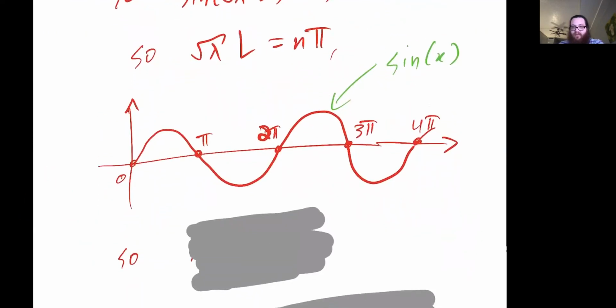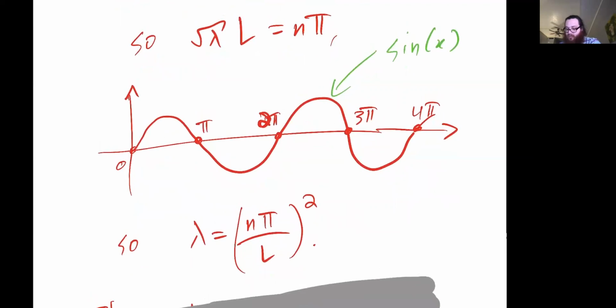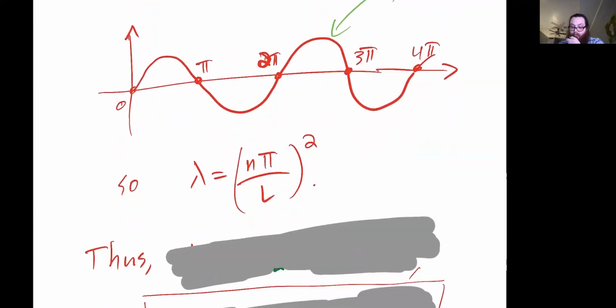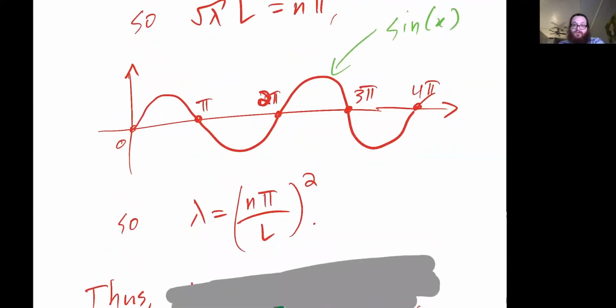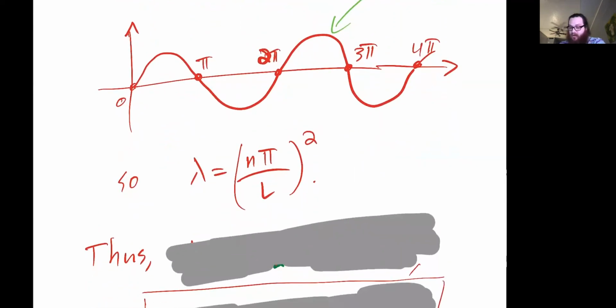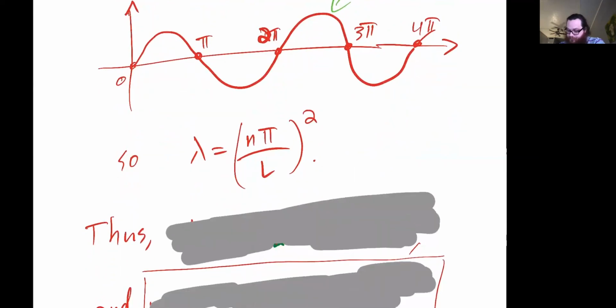But keep in mind that we have that root lambda. So if we solve for lambda, which is what we're trying to do, we get lambda is equal to (n pi over L) quantity squared. Already we notice that we have choices for these spatial solutions. Depending on what n you plug in here, you're going to get a perfectly valid spatial piece for our product solution.